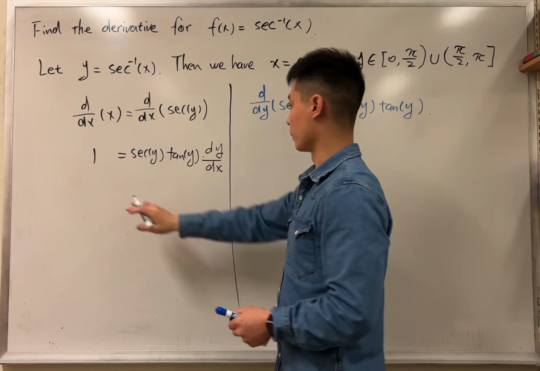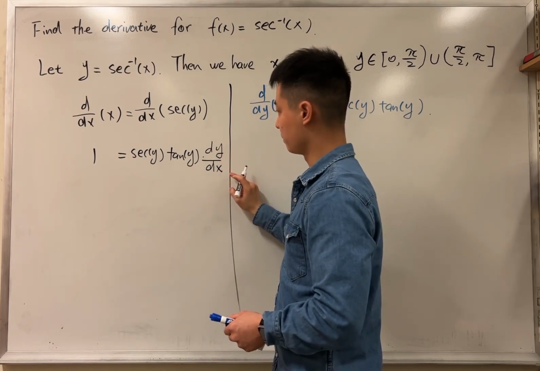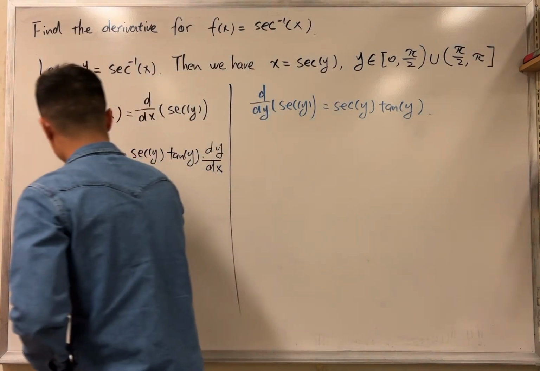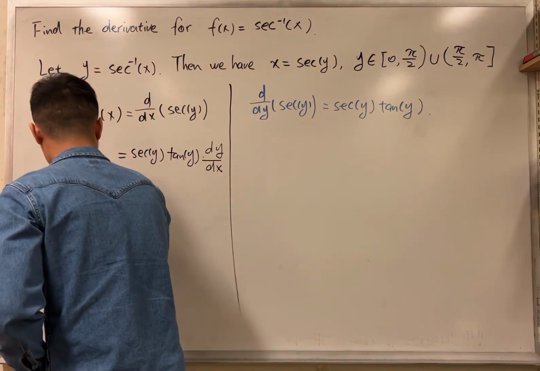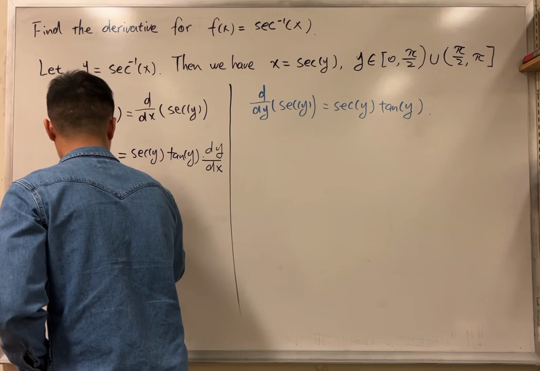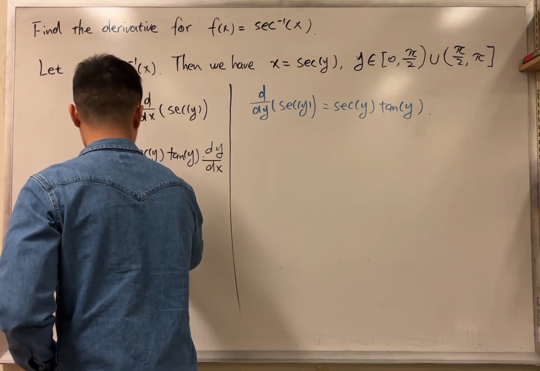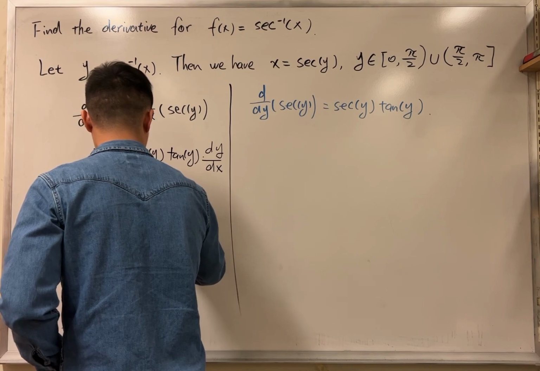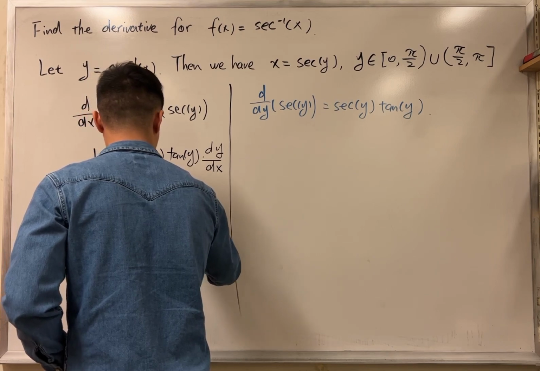Then we can solve for dy over dx by dividing both sides. So dy over dx is obviously 1 over secant y times tangent y.